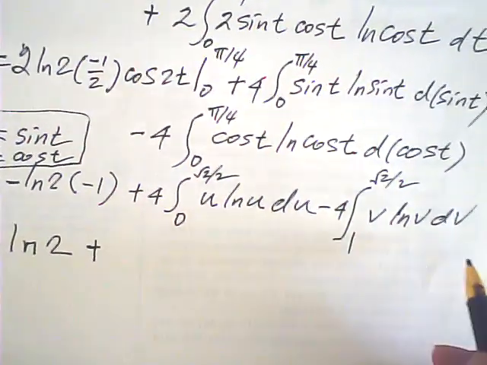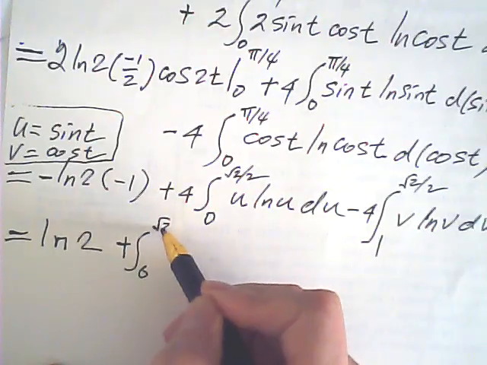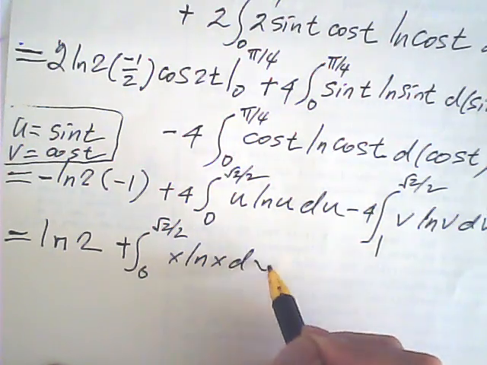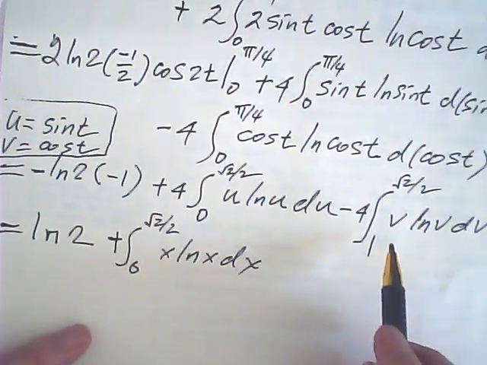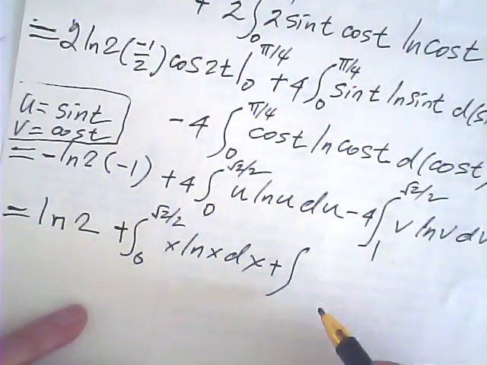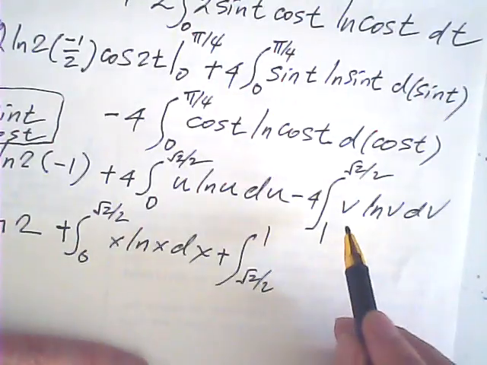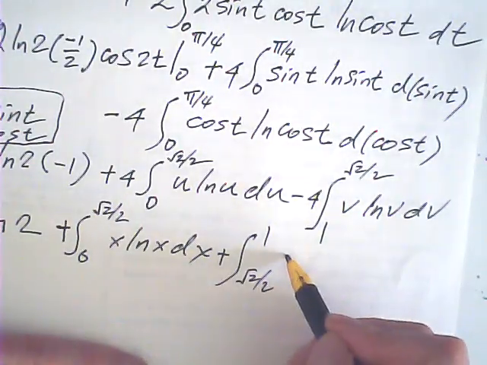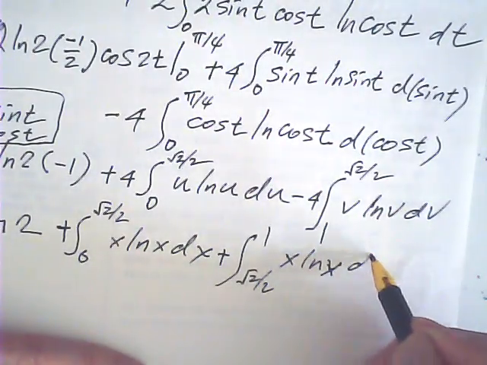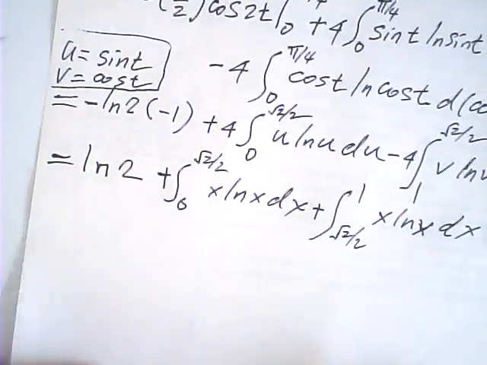okay, u and v are just dummy variables, right? Let me write x log x dx. Same thing. For this negative, I switch the boundary from root 2 over 2 to 1. So v and x are just dummy variables, right? x log x dx. Yeah.